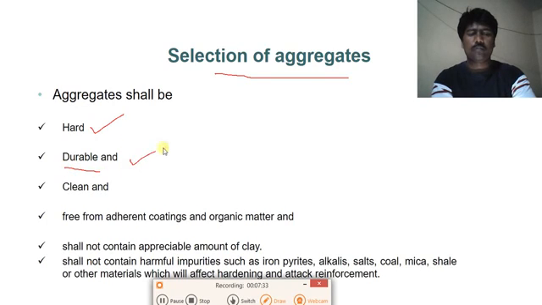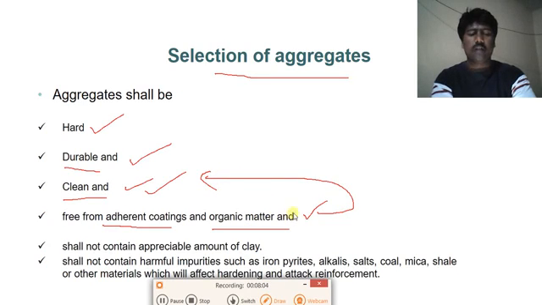Durable in the sense it should last for a long time, meaning the lifespan. And the aggregate should be clean enough. There should not be dust, there should not be any organic material on the aggregates, and it should be free from adherent coatings and organic matter, which makes it clean.